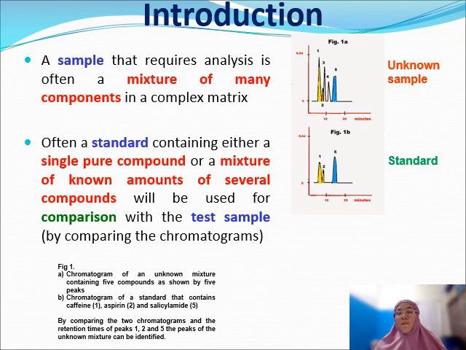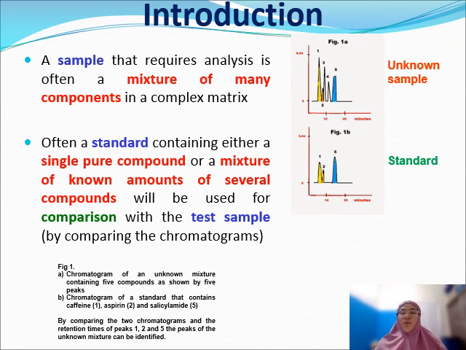Okay, actually what compound or component yang sebenarnya mewakili each peak. So we compare with our standard. After running the standard, means yang kita tahu, for example, kita tahu number 1 is caffeine, alright, and number 2 is aspirin, and number 5 is salicylate. Okay, at that retention time kita tahu number 1 ni adalah caffeine, number 2 aspirin, and number 5 is salicylate.